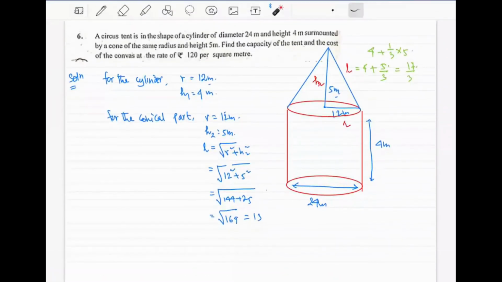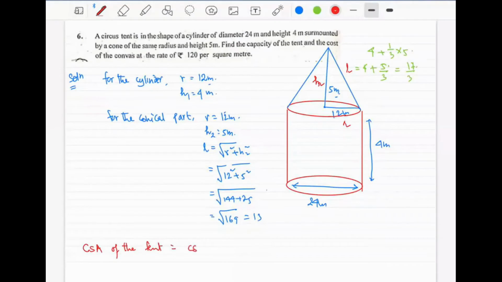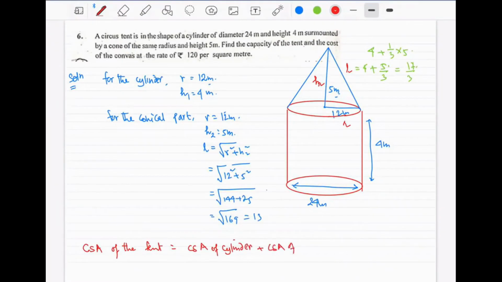Now find out the surface area. Curved surface area, actually I'm writing CSA of the tent. So we will use curved surface area of cylinder and curved surface area of cone. So curved surface area of cylinder, what is the formula? It's 2 pi RH.